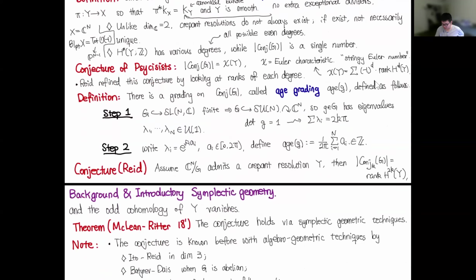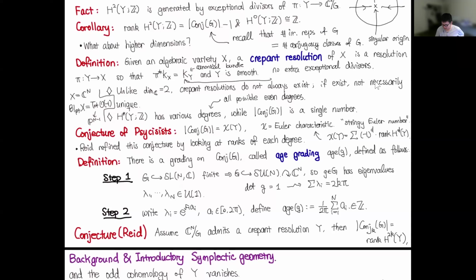And the conjecture of Reid is that if you assume the quotient singularity has a crepant resolution Y, then the number of conjugacy classes is equal to the rank of the 2k cohomology of Y. Here, the number of conjugacy classes of G with subscript k is the set of conjugacy classes such that the H grading is exactly k.